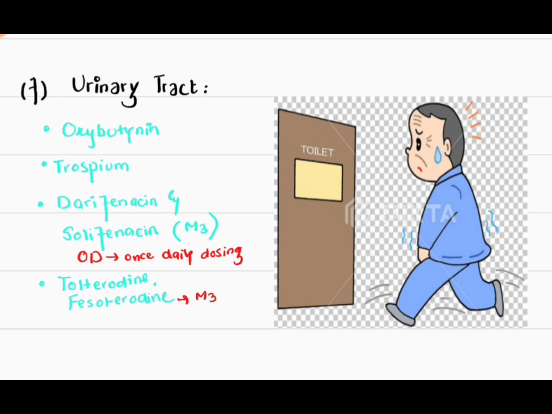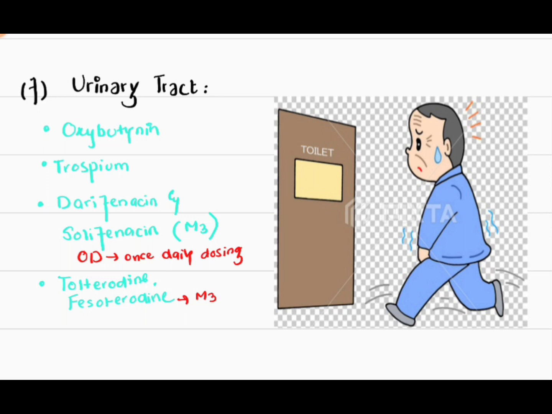They have many qualities of darifenacin and solifenacin, and are also available in extended release tablets. The convenience of these drugs is that they can be used as a once daily dosing regimen.